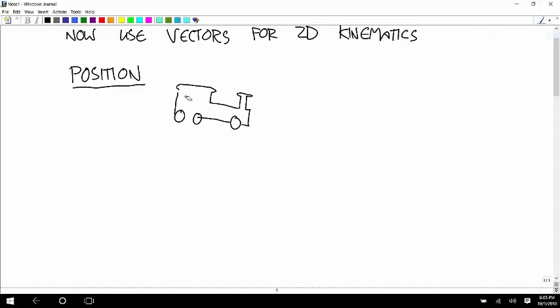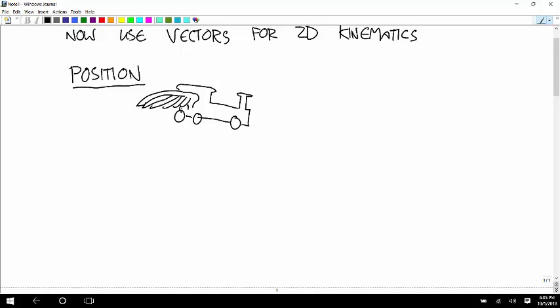Okay, so now it can fly. It's just a flying train.